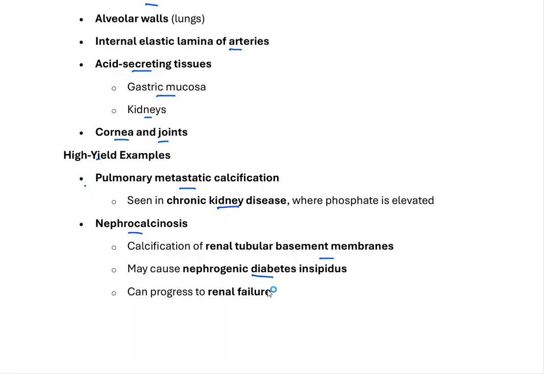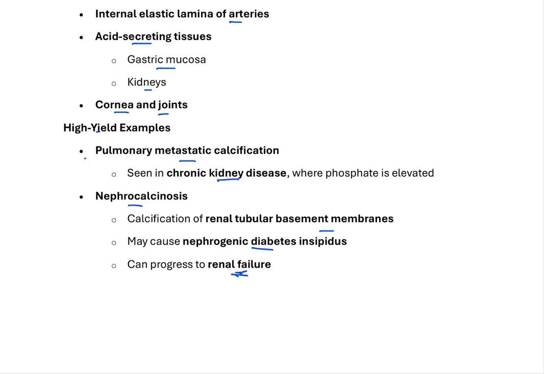And this is classically seen in patients who have too much calcium. For instance, patients who have sarcoidosis, patients who have primary hyperparathyroidism, anything that could cause hypercalcemia could lead to nephrocalcinosis, and this could progress to renal failure, guys.